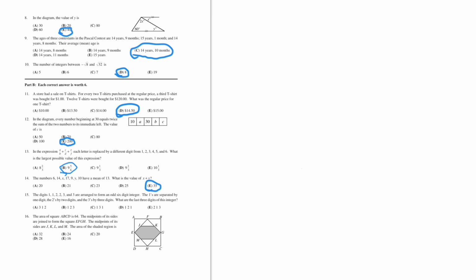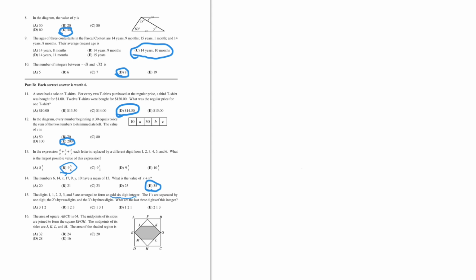Number 15. The digits 1, 1, 2, 2, 3, and 3 are arranged to form an odd 6-digit integer. The 1s are separated by 1 digit, the 2s by 2 digits, and the 3s by 3 digits. What are the last 3 digits of this integer?